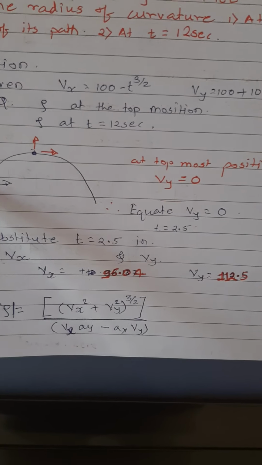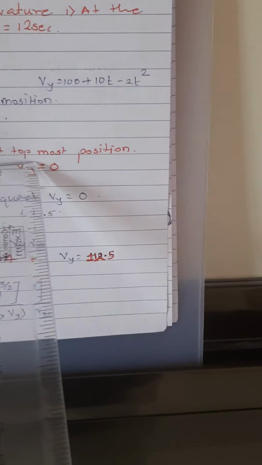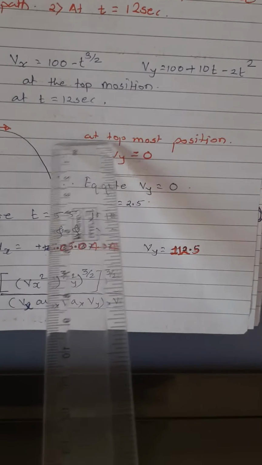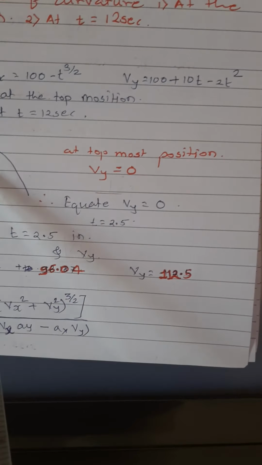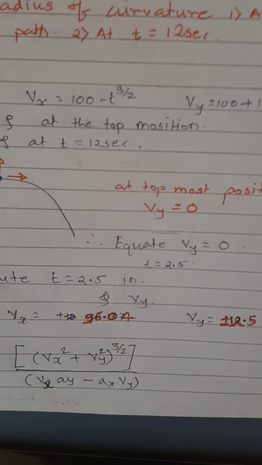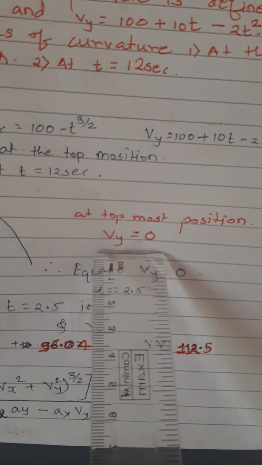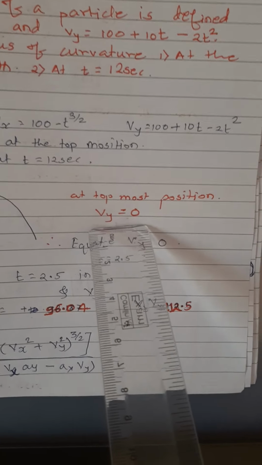So the first case, when we have to find the radius of curvature at the topmost position, we should know conceptually that the vertical component of velocity is always 0 at the topmost position.